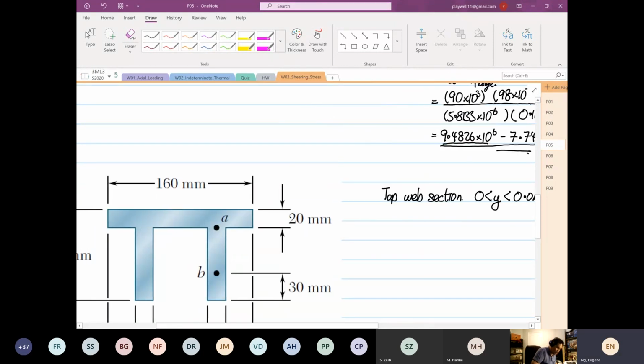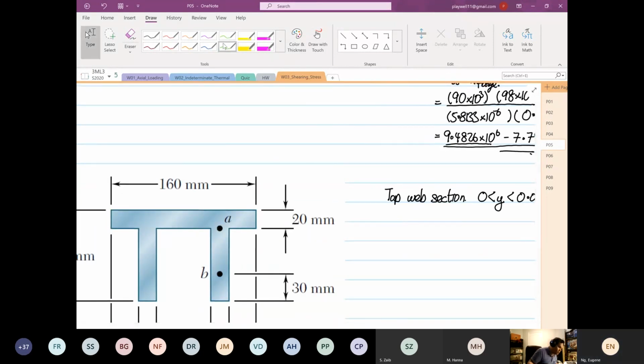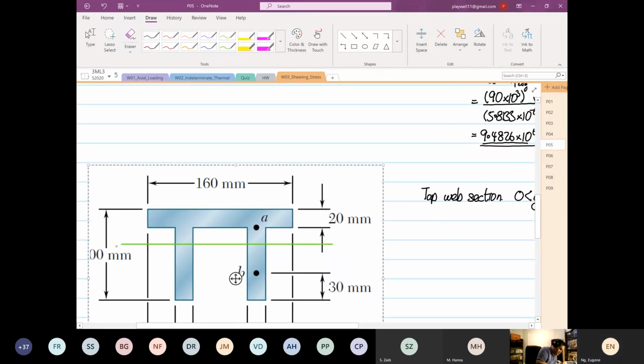Okay, so I'm going to draw it over here. So we know where our y bar is now. Sorry, our z. Right, so this is our zz. So we know the limits up to here. This is 0.015. Right, and this section over here is known as the web section.